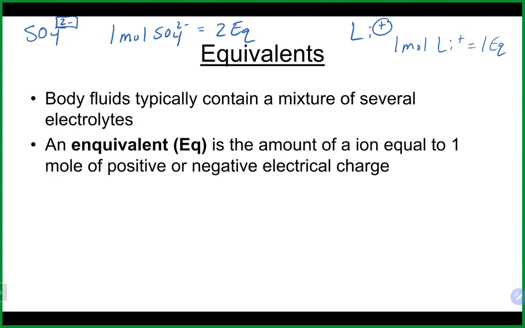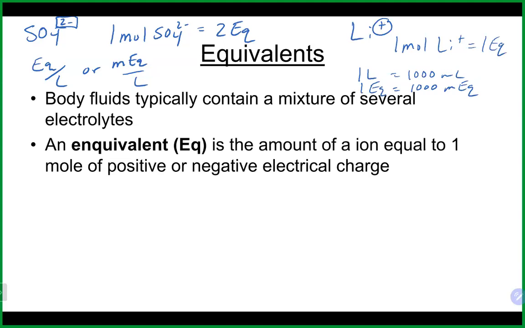Very common units of concentration are equivalents per liter or milliequivalents per liter. And milli is the same conversion that we use with liters. In 1 liter, there's 1,000 milliliters, and in 1 equivalent, there would be 1,000 milliequivalents. So it works the same in terms of the conversion.